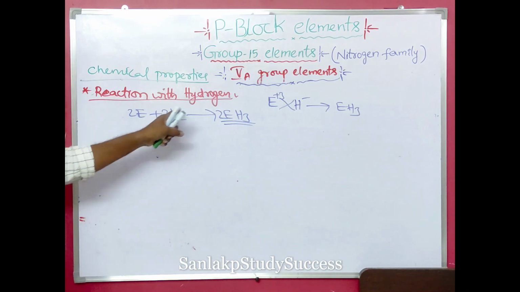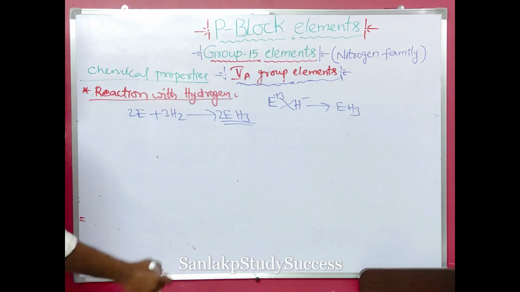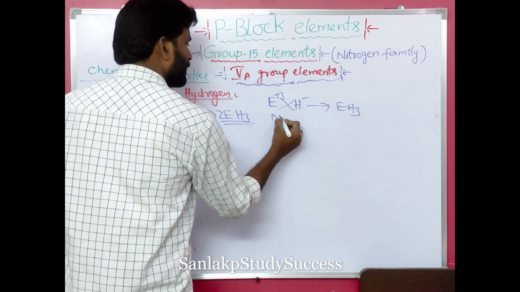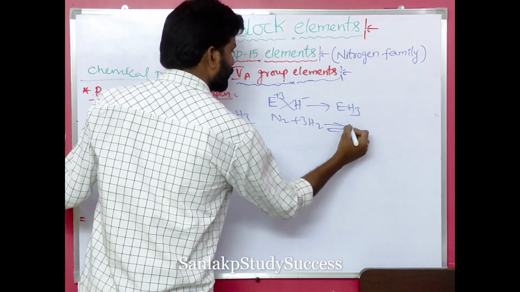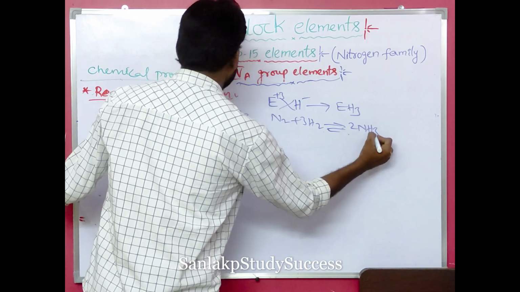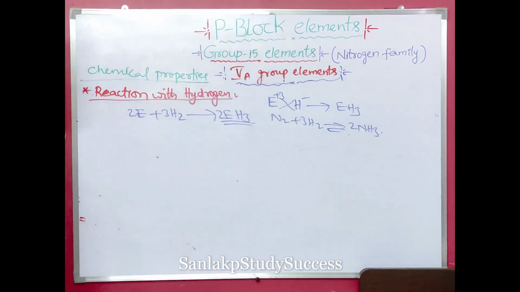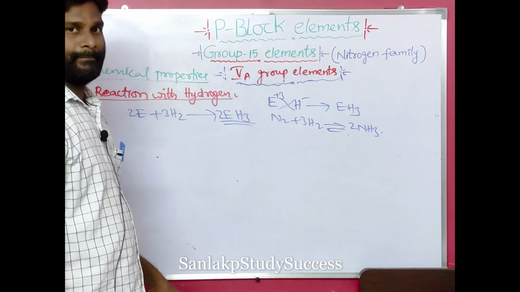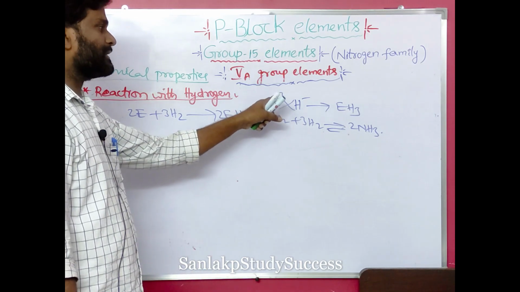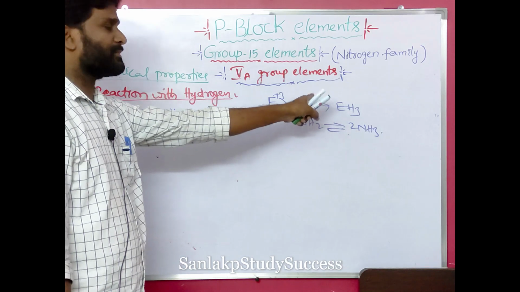If we take an E, that is an EH3 type of hydride. Example, N2 plus 3H2, reversible arrow, 2NH3. Similarly, the common oxidation state of this group is +3. So if it is taken as +3, hydrogen must be taken as minus.